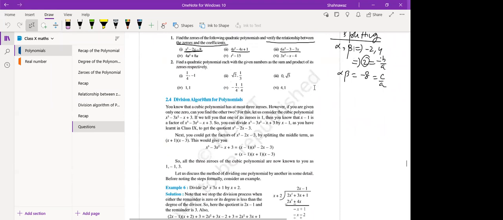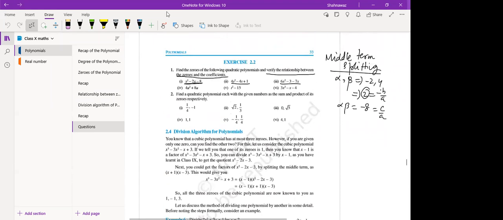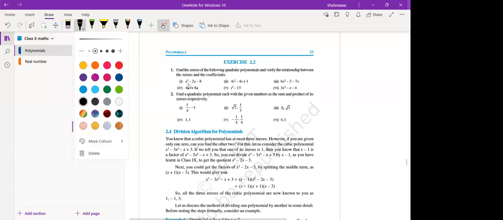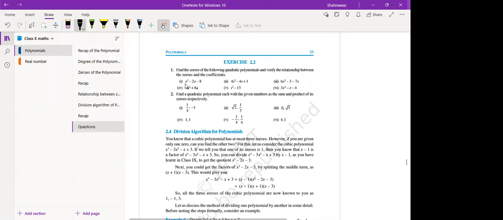So let's try the first question. Write this equation and tell me the zeros of this equation.